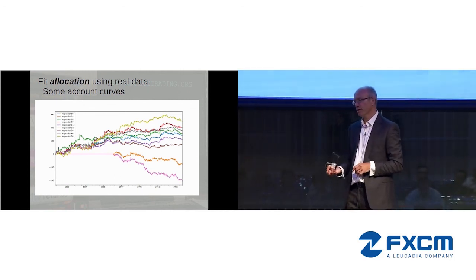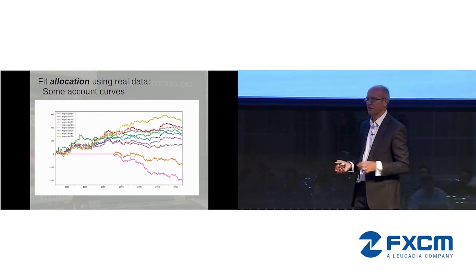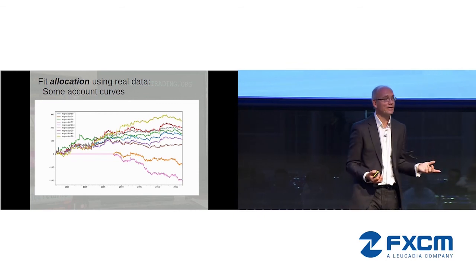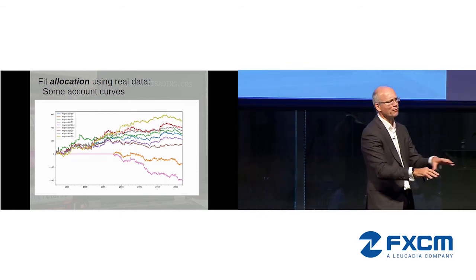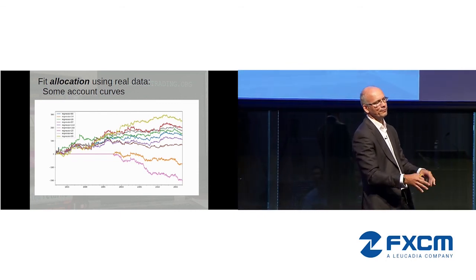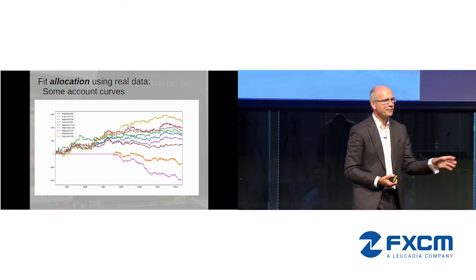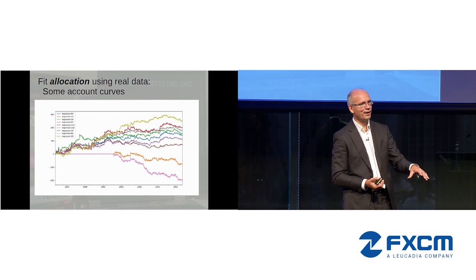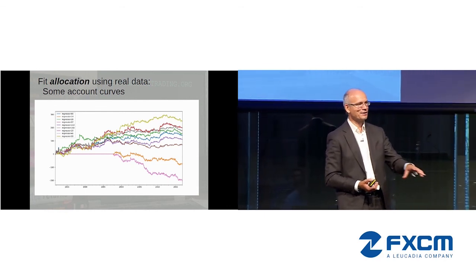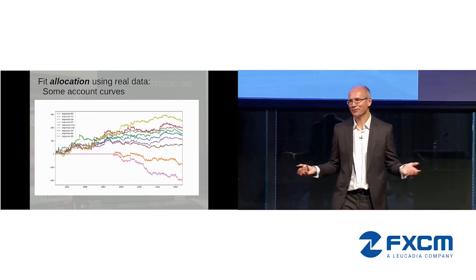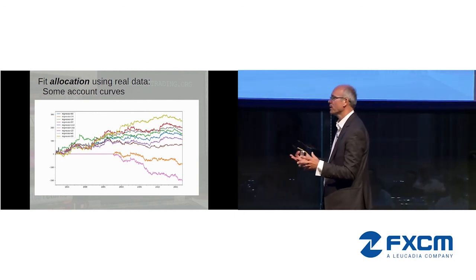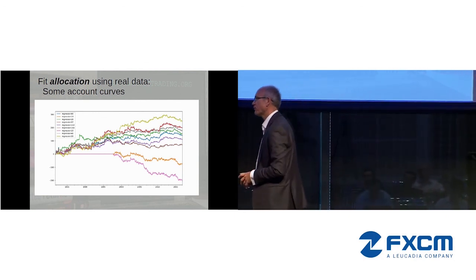And also, going back to the theme of the earlier presentation, explaining why something is making or losing money. If you have done the machine learning thing and found this weird nonlinear effect, you may not really understand what's causing it, but you exploit it anyway. If it doesn't work, well, okay, I didn't really understand why it worked, and I don't really understand why it doesn't work. How do I know I've not just data mined this thing and it doesn't really exist? So I like to understand why I'm making money, where the effect's coming from.